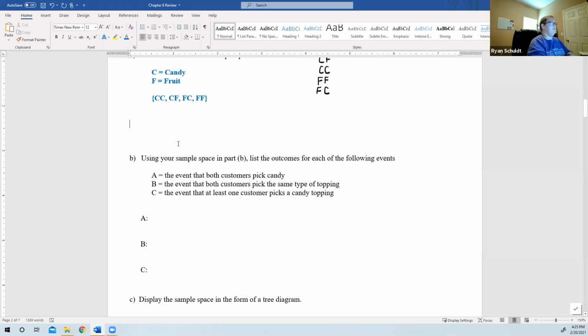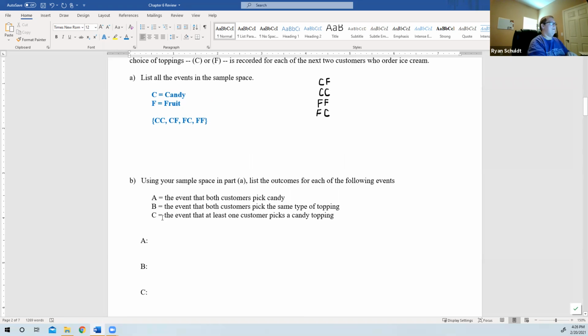B, using our sample space in part A, list the outcomes for each of the following events. A is the event that both customers pick candy. If I go up here for A, both customers pick candy, what would that event be?